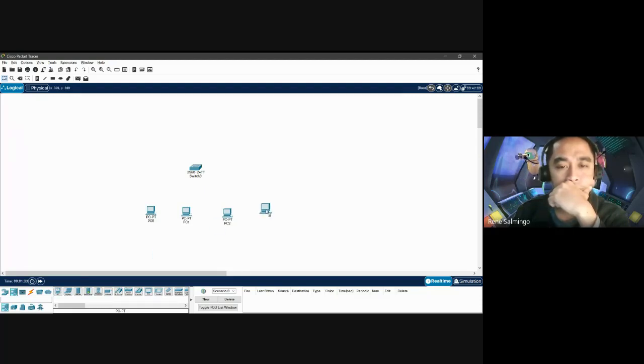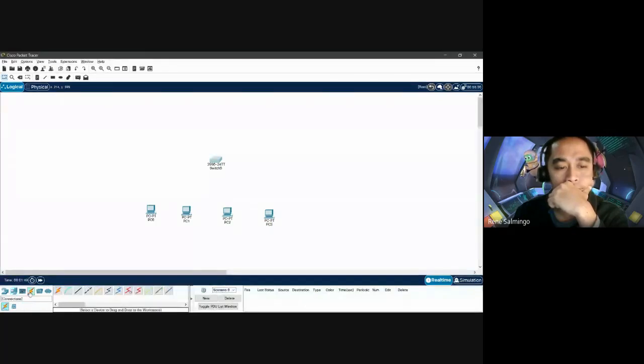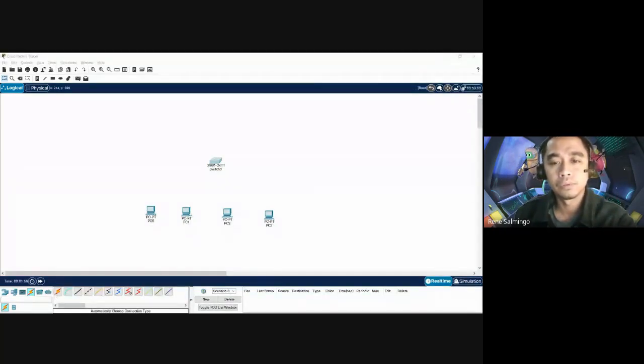So recall that a switch can communicate by what connection we will put. You are going to select these connections, and what cable we're going to use for this connection. What cable are you going to use?